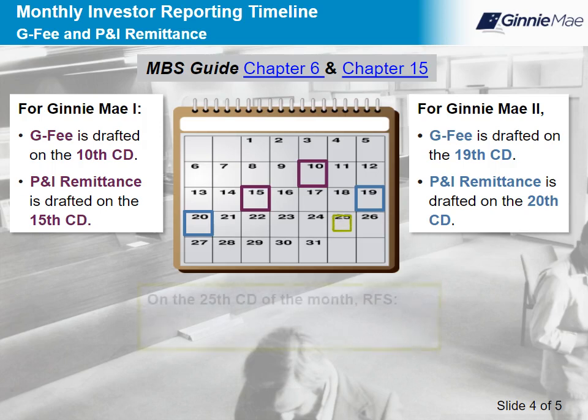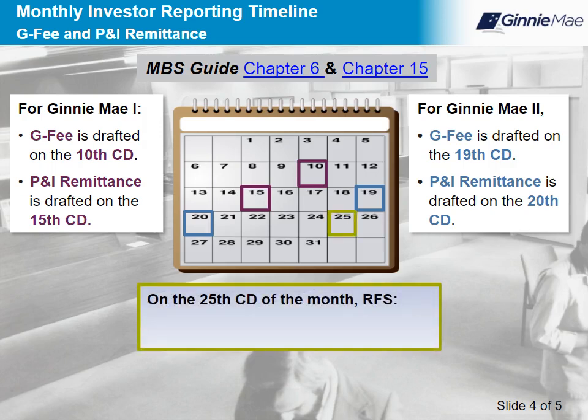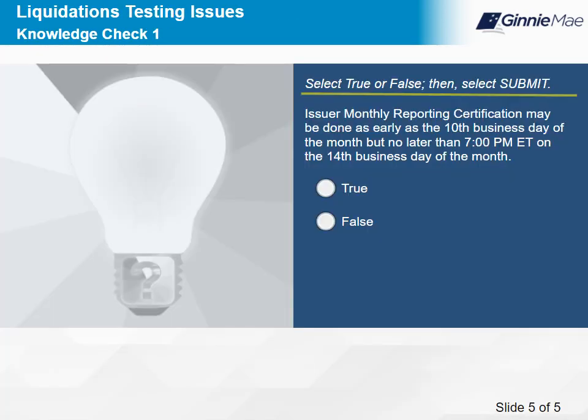On the 25th CD, RFS closes for the current month reporting and opens for the next month's reporting cycle. RFS closes on the 25th CD in order to sync up with issuer cutoff dates. Select Next to continue. Now check your understanding.